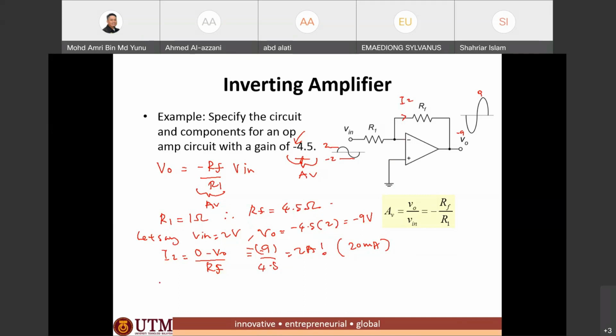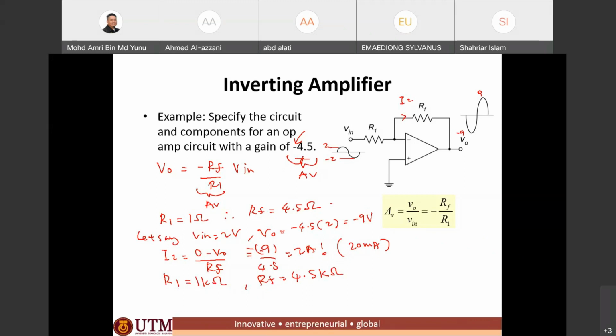So what you can do is consider R1 in the kilo ohm range, and RF will be 4.5 kilo ohm. If you divide RF by R1, you still get a gain of negative 4.5.